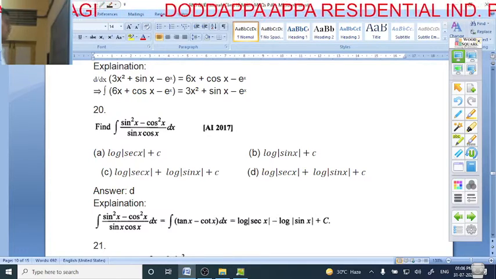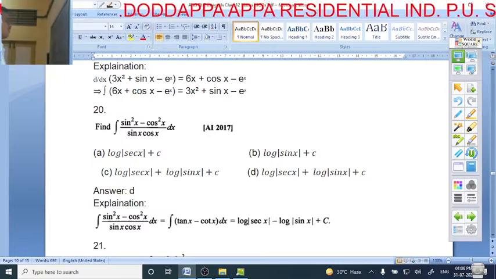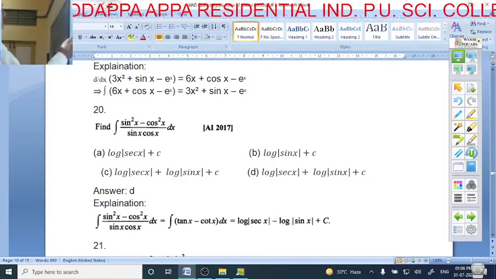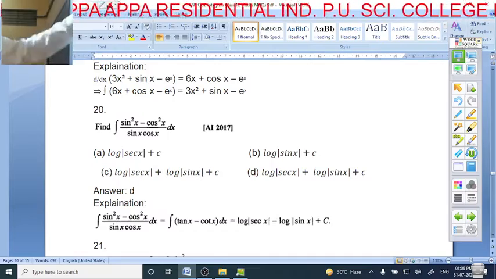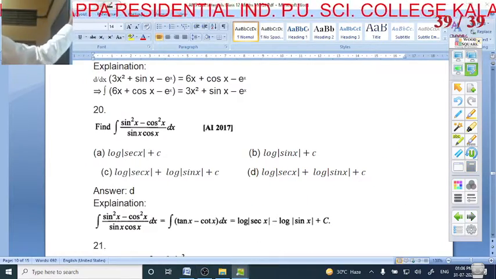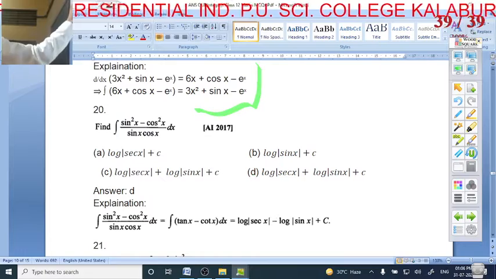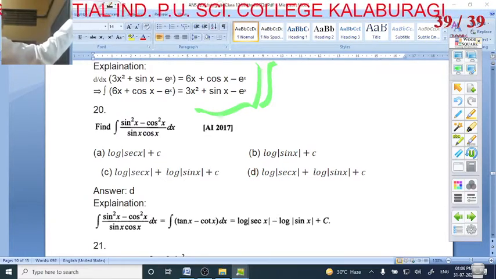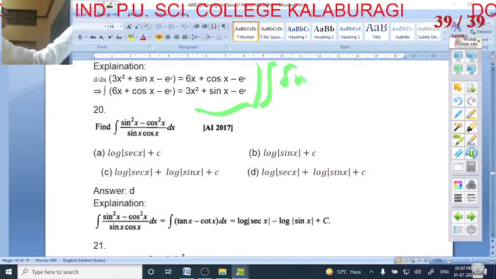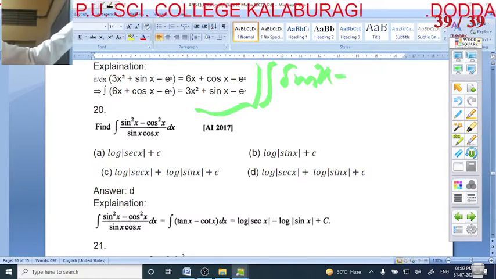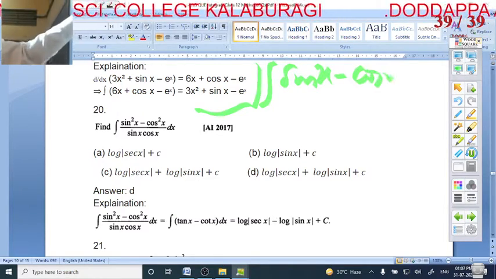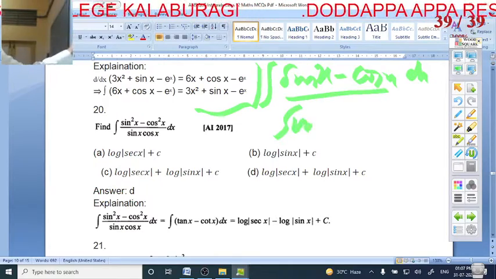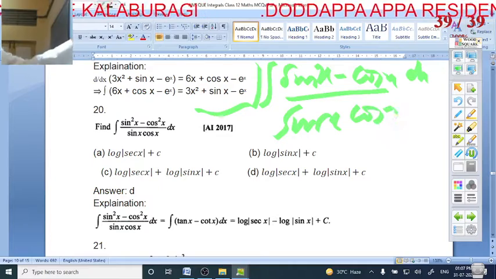So we use the a square minus b square formula, a plus b into a minus b, and we get the numerator as sin x plus cos x times sin x minus cos x dx, whole divided by sin x into cos x.